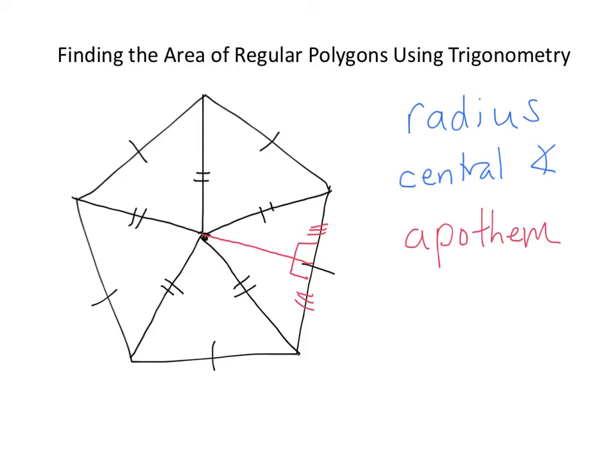And you're going to need that right angle for finding the area, let's say, of this one triangle, so that you can find the area of all 5 triangles here to get the area of the entire polygon. So that right angle from the apothem, and also that it intersects at the midpoint, those are really crucial ideas so that you can find the area of one triangle and then go further and find the area of the entire figure. So really understanding what an apothem is is very important as well.